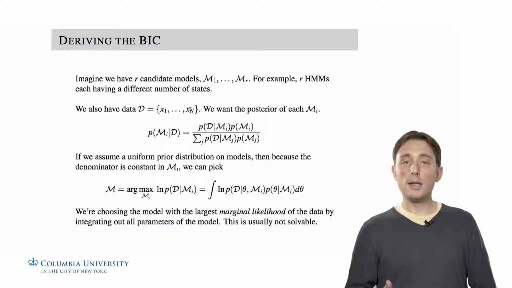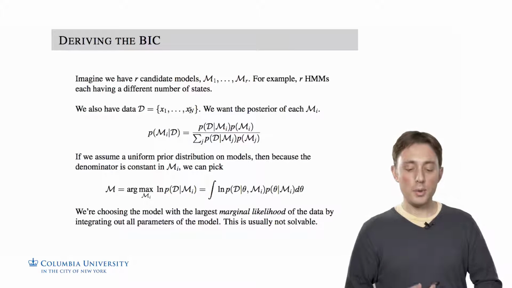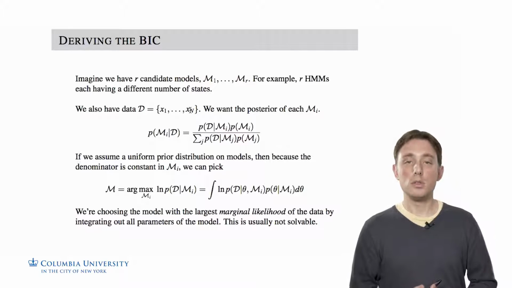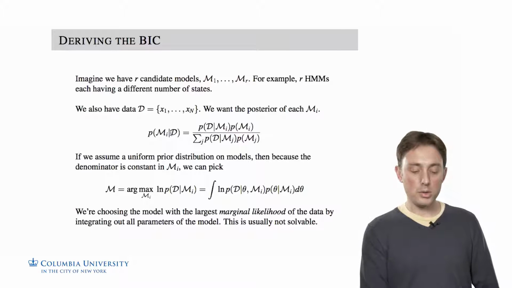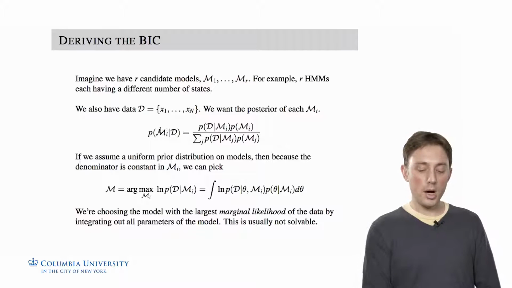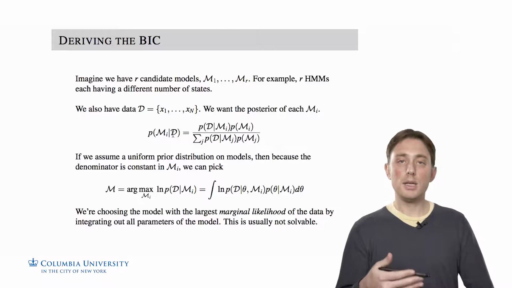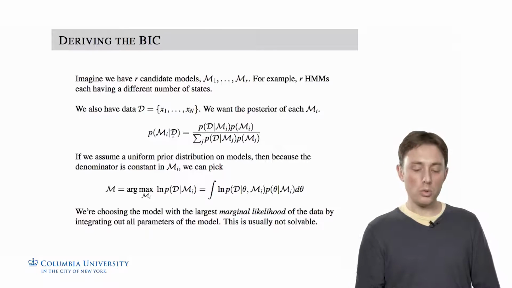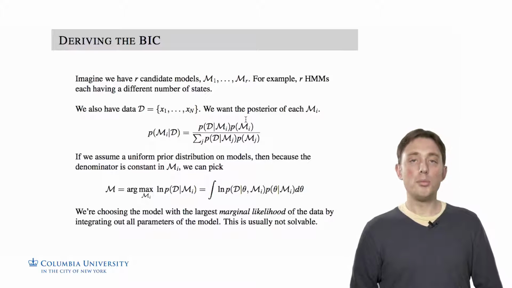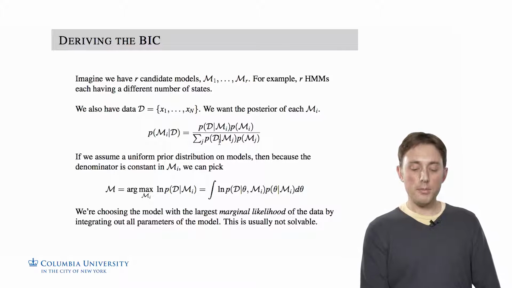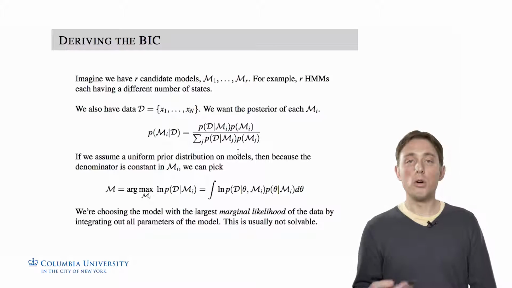And now what we want with the BIC, the starting motivation, is that we want to find the posterior distribution on each of the models. So for the ith model, we want to find the posterior distribution of the model Mi given the data. Using Bayes' rule, this asks us to calculate the likelihood of the data given the model times a prior on the model, divided by a sum of the numerator over all of the different models.